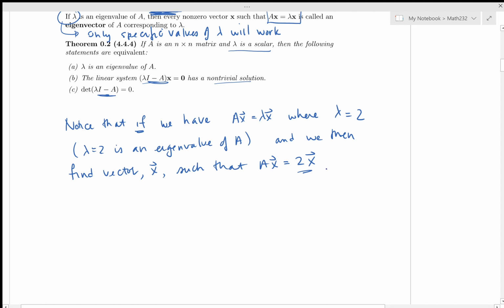Okay, so when A operates on these x, the ones that are the eigenvectors, the result is scaling only.